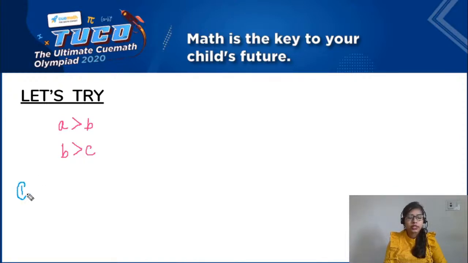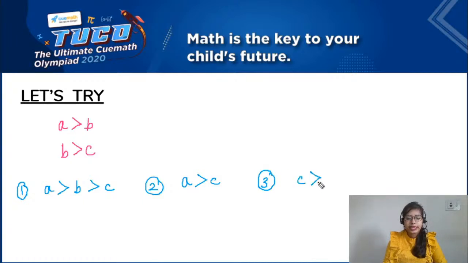The first one is A is greater than B is greater than C. The second option is A is greater than C. The third option is C is greater than A. And the fourth option is 1 and 2.